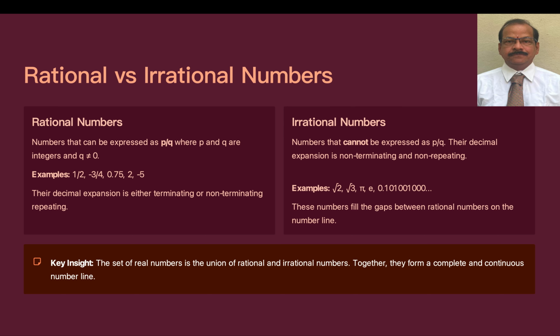That's why your number line is quite continuous, taking from minus infinity to plus infinity. What is the key insight here? The set of real numbers is the union of rational and irrational numbers. Together they form a complete and continuous number line.